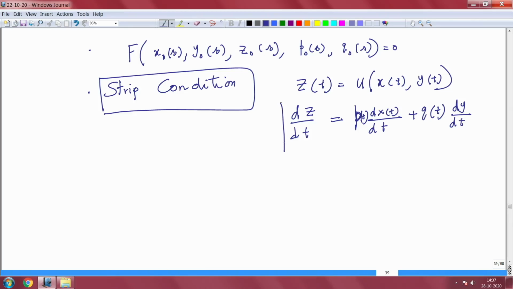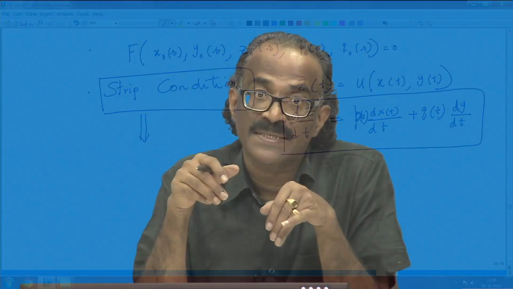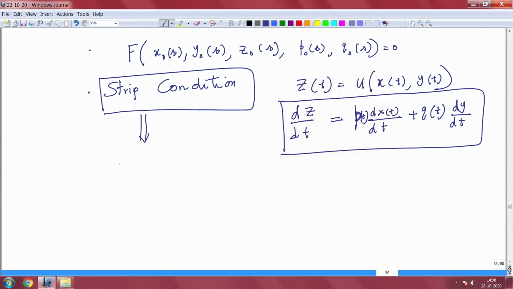This strip condition is satisfied not only along the characteristic. So the strip condition, dz by dt equal to etc., also satisfies the initial curve. So you will get one more condition for your initial p naught of s, q naught of s. That means you will have your z naught of s, that is nothing but dz naught by ds.